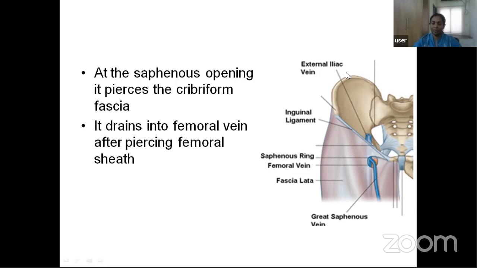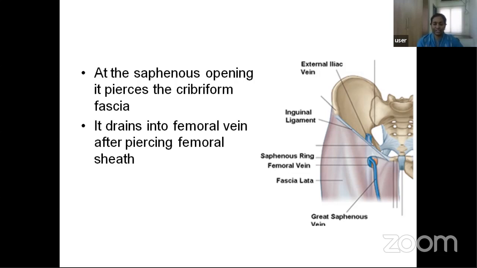Now this saphenous opening is covered by a fascia called the cribriform fascia, which is a modification of the superficial fascia. So we have to understand two things here. There is a saphenous opening, there is a cribriform fascia. Cribriform, the name is telling, is like a mesh. It has a seed-like appearance, and this fascia is covering the saphenous opening.